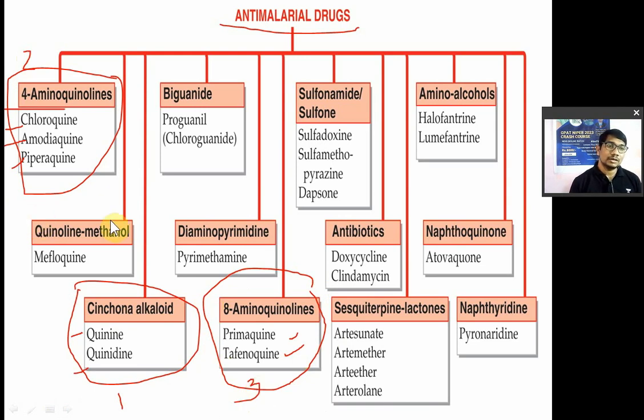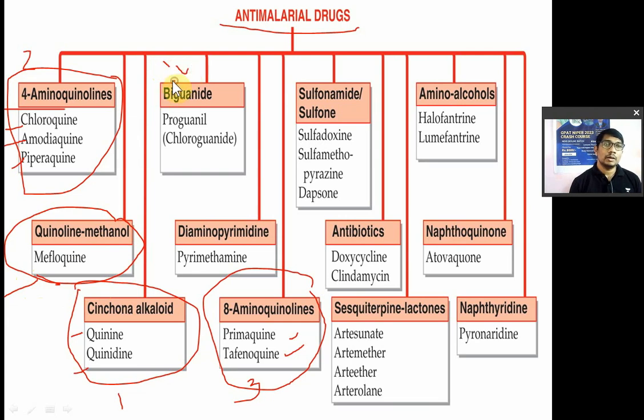Fourth class is the quinoline methanol, in which we have mefloquine. It is mostly used in malaria which is resistant to chloroquine, right? Fifth class is the biguanides.